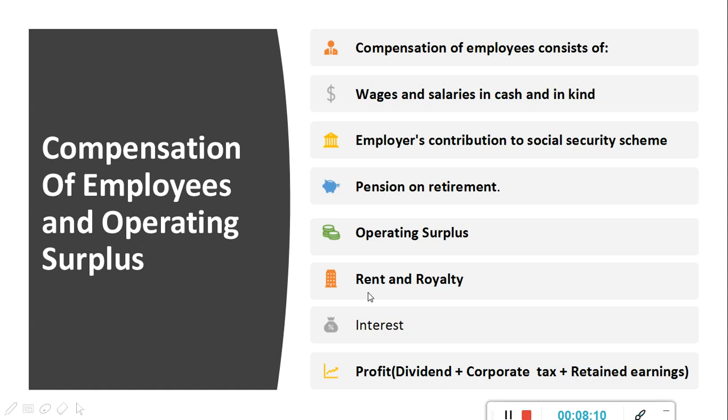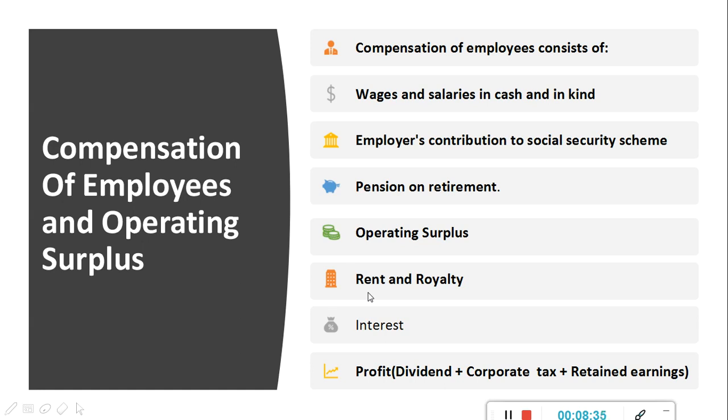There are two types of rents. First is actual rent and second is imputed rent. Imputed rent means when the owner himself lives in his own house instead of renting it out. So we assume that the owner is paying rent to himself. So imputed rent is included in our national income.